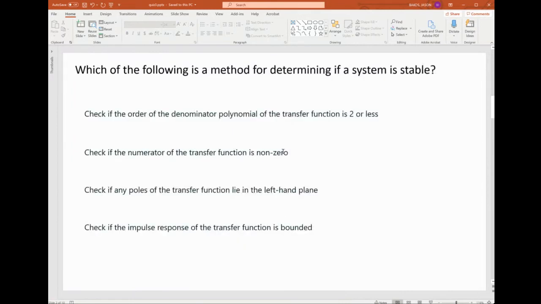Which of the following is a method for determining if a system is stable? Check if the order of the denominator polynomial of the transfer function is 2 or less. That's not correct. Check if the numerator of the transfer function is non-zero. That's not correct. Check if any poles of the transfer function lie in the left-hand plane.